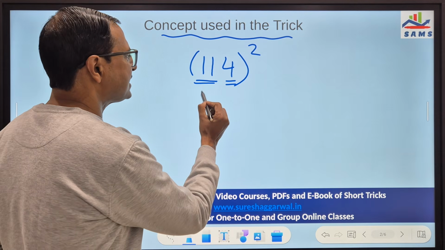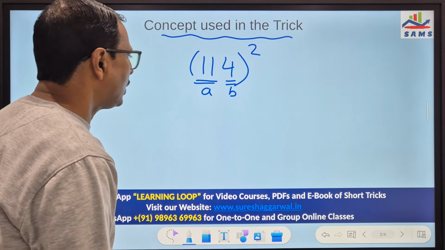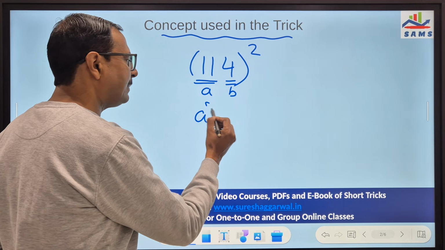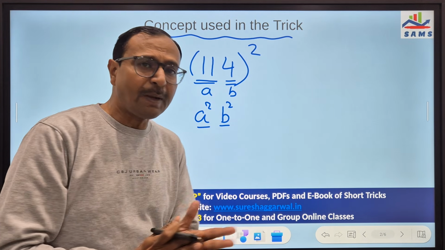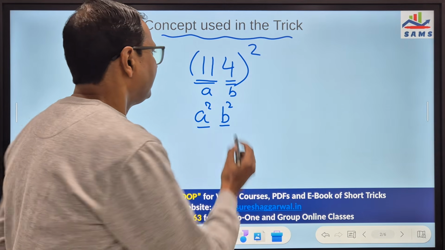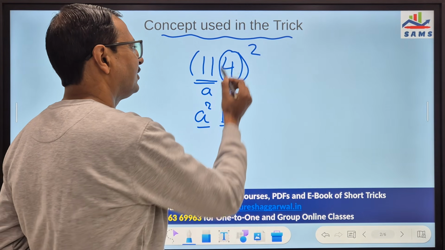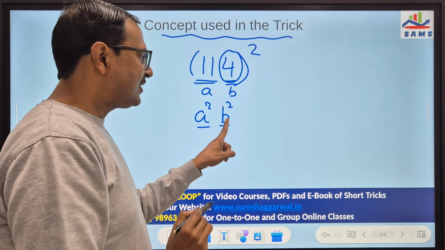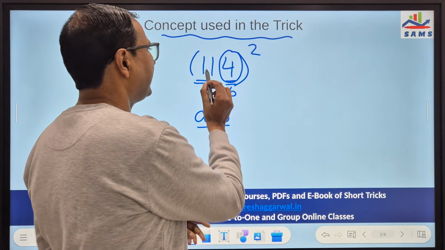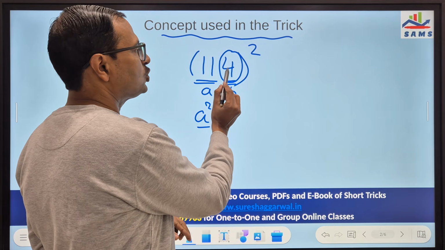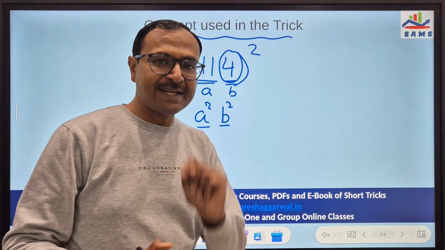Now if I call this as A and this as B, I will be writing A square and B square together, one after the other. But that is not the square. This single digit square will always be a 2-digit number. Like 4 square is 16, it is a 2-digit number. But had it been 112, then 2 square will be 4, so it's a single digit number.